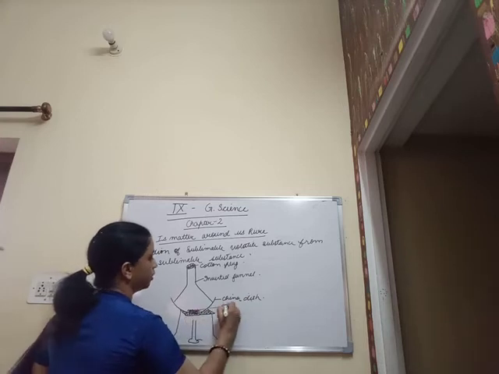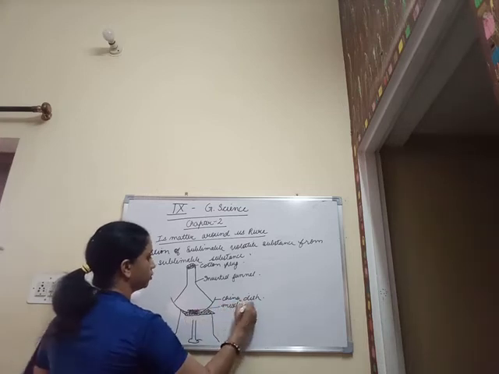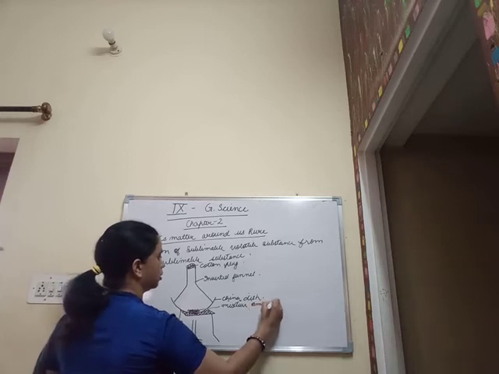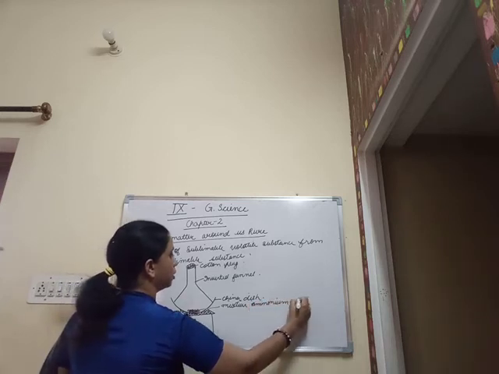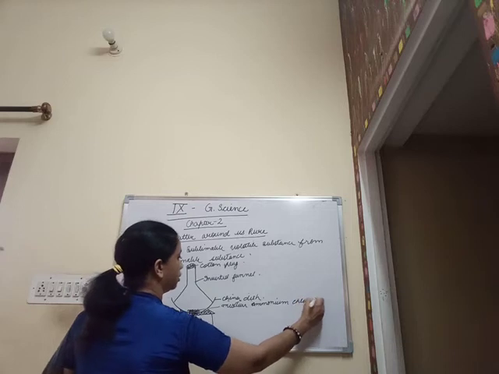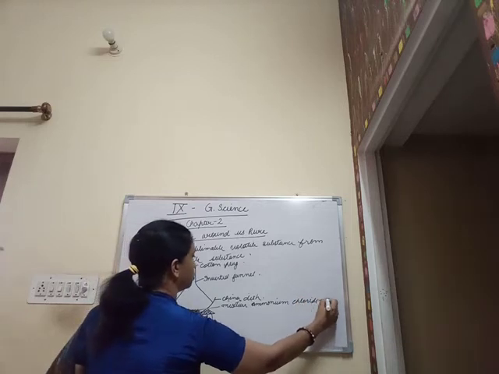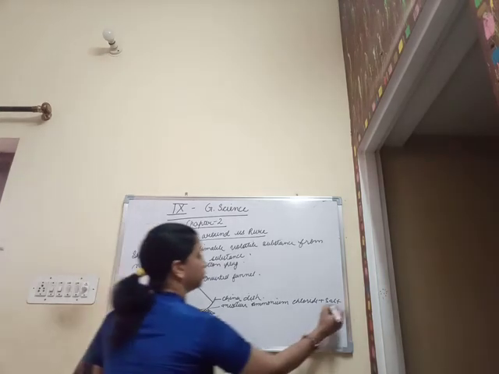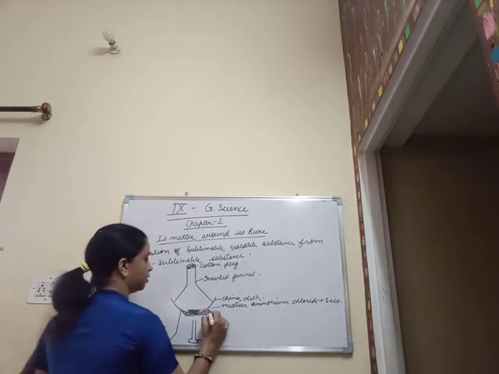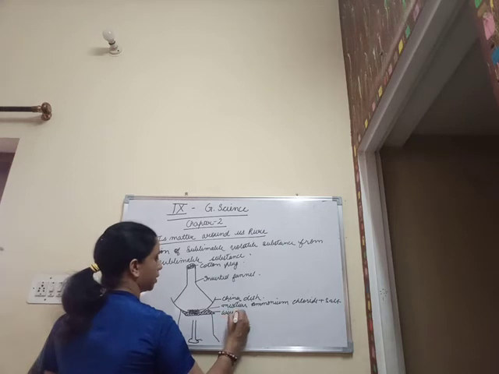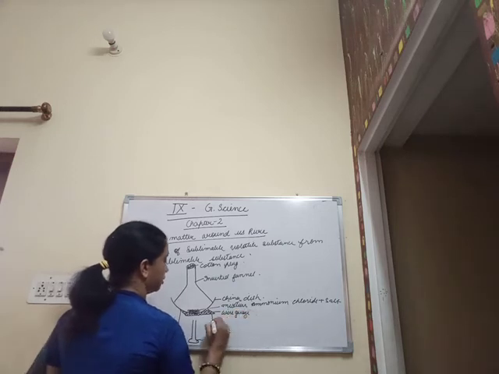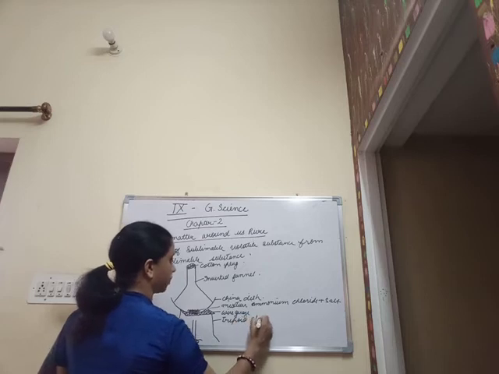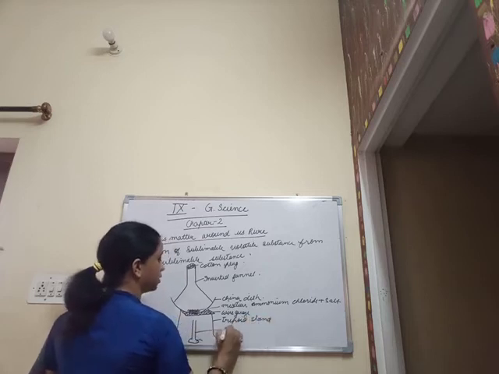This is the mixture of ammonium chloride, that is NH4Cl, and salt, your normal table salt. Then this is the wire gauze. This is the tripod stand. This is the Bunsen burner.